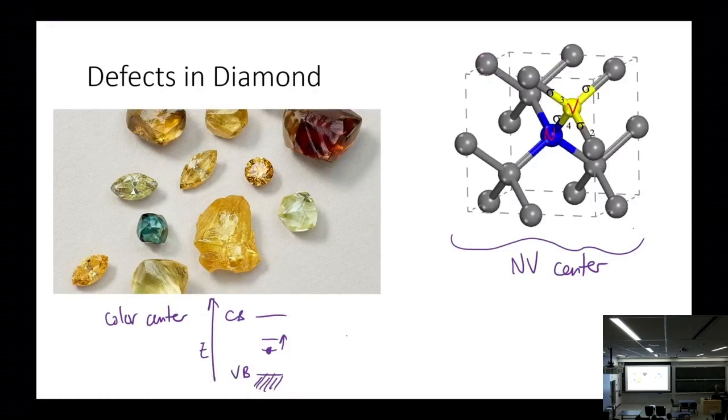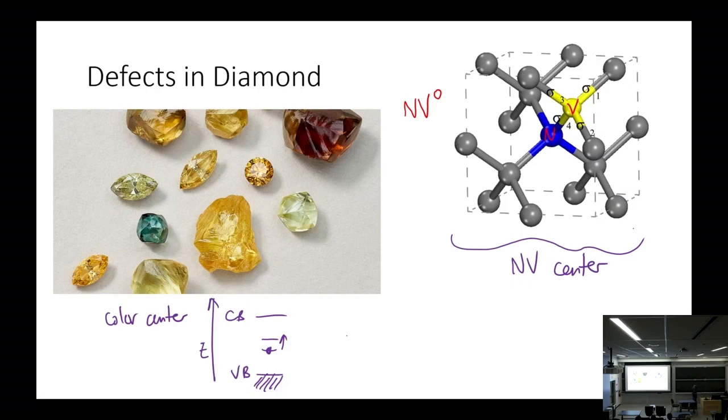And the yellow is my vacancy. So that's the absence of a carbon, and all the gray is carbon. And as it's drawn here, it's implying that I've added a nitrogen, I have a vacancy, not a vanadium. I have a vacancy, and the overall charge on this nitrogen vacancy complex is 0.